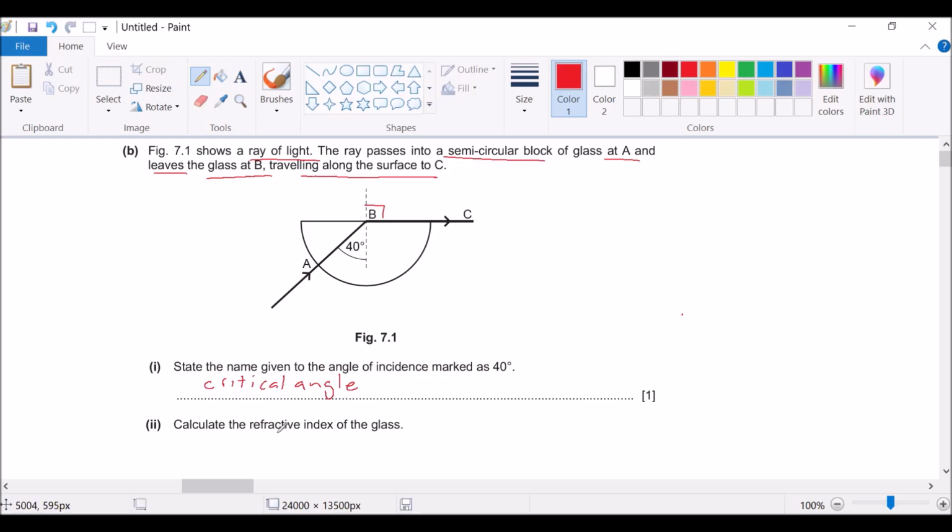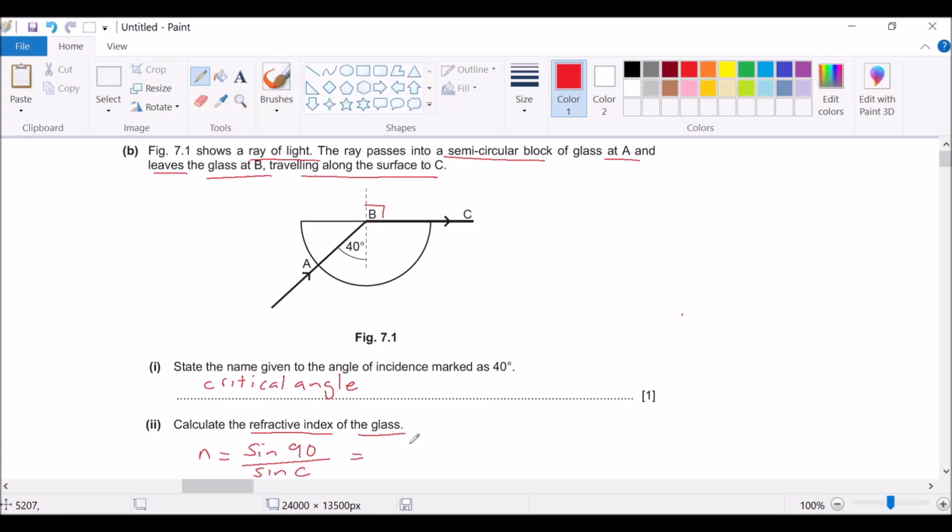Calculate the refractive index of the glass. The refractive index N is equal to sine of the refracted angle, which is sine 90 over sine incident angle C. So we use this method when we are traveling from a denser medium to a less dense medium, from glass to air.